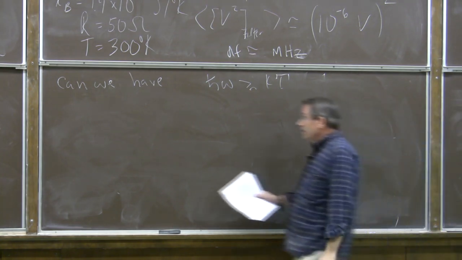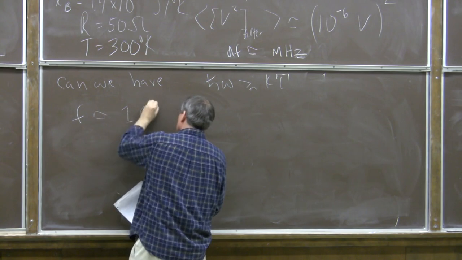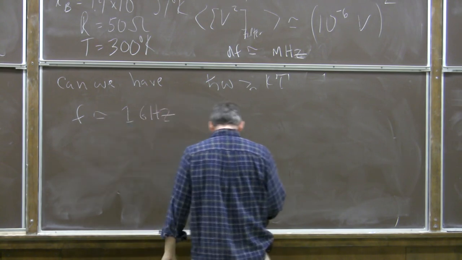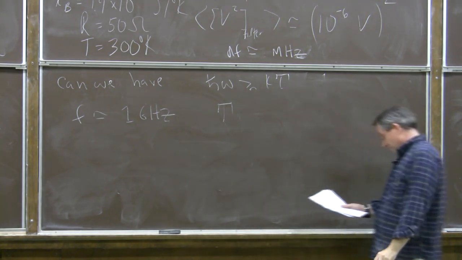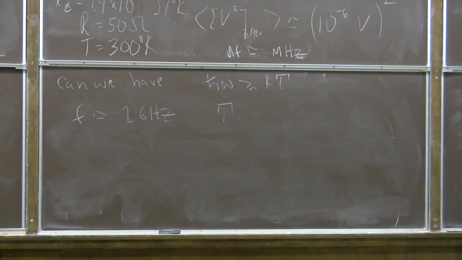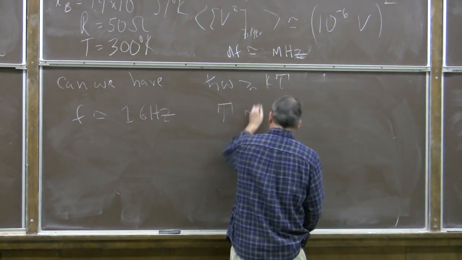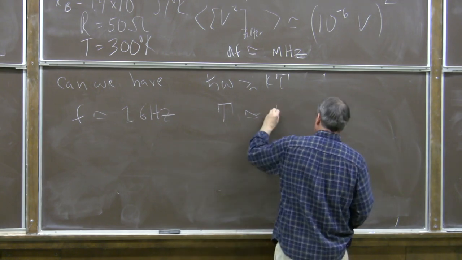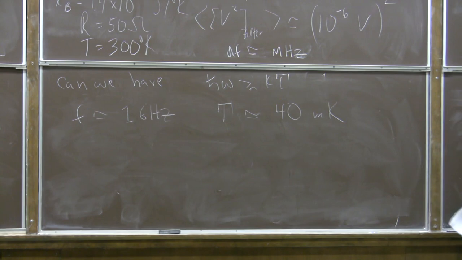So specifically, if the frequency is about 1 gigahertz, you can ask at what temperature will h bar omega become comparable to kT? And the answer is it's about 40 millikelvin, so much less than a degree.